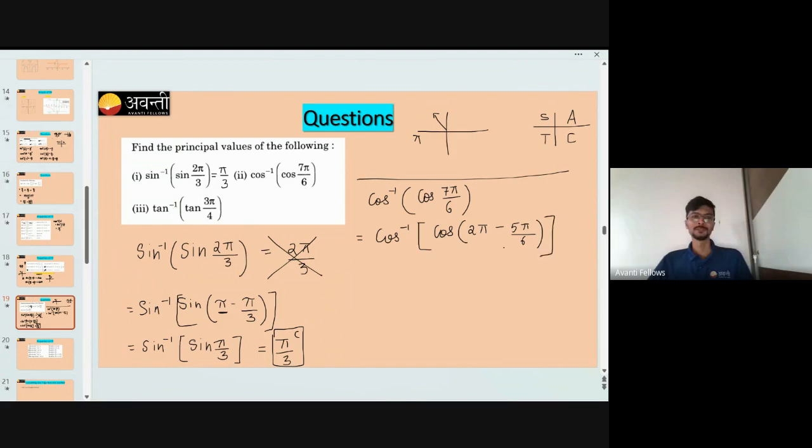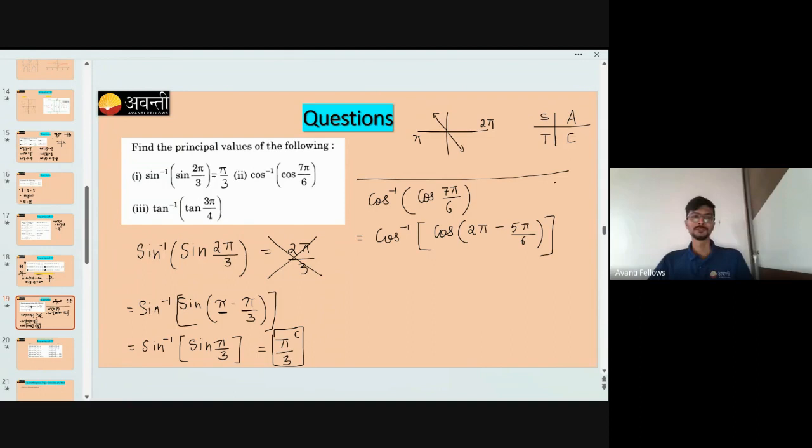Please check: 2 pi minus 5 pi by 6, after taking LCM, 12 minus 5, comes as 7 pi by 6. Right? I hope you are getting it. So now again the angle 2 pi comes here. An angle is getting subtracted from 2 pi. So where does that leave me? That leaves me in the fourth quadrant.